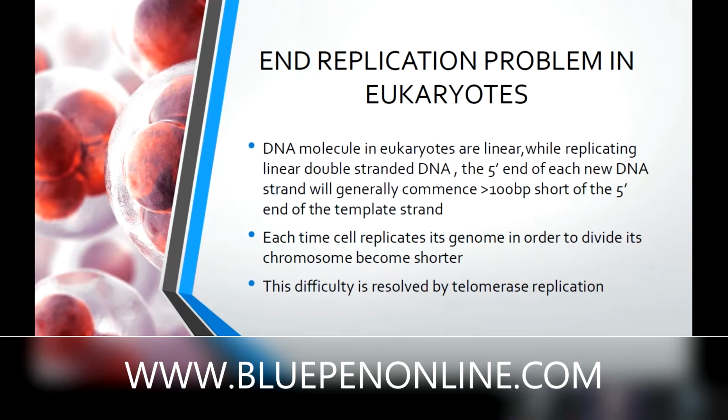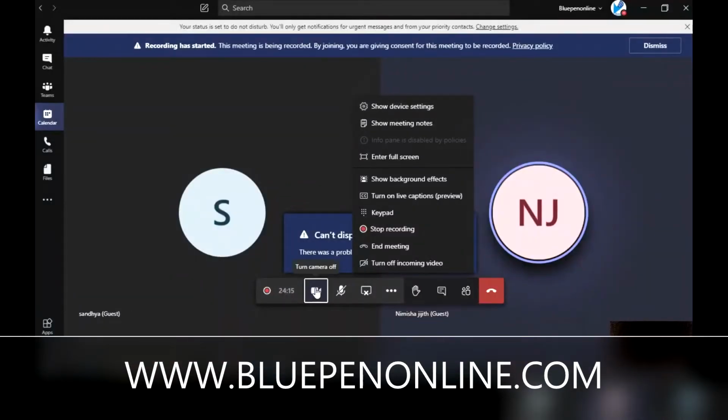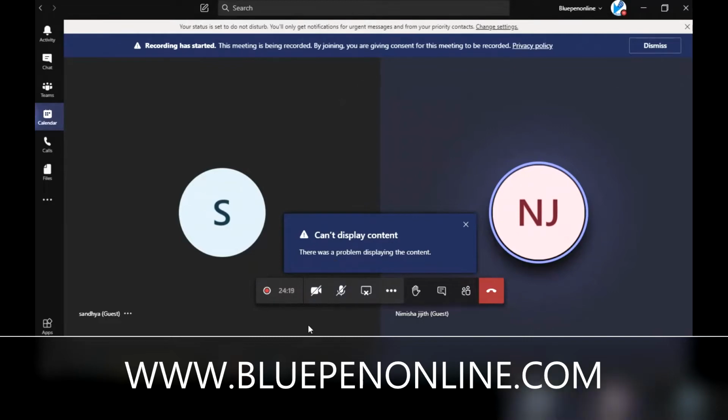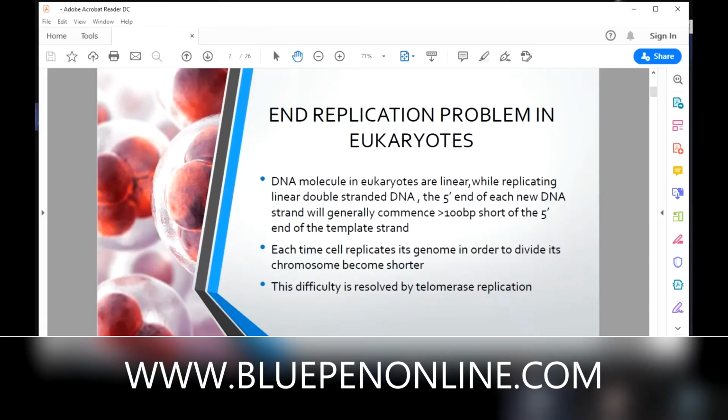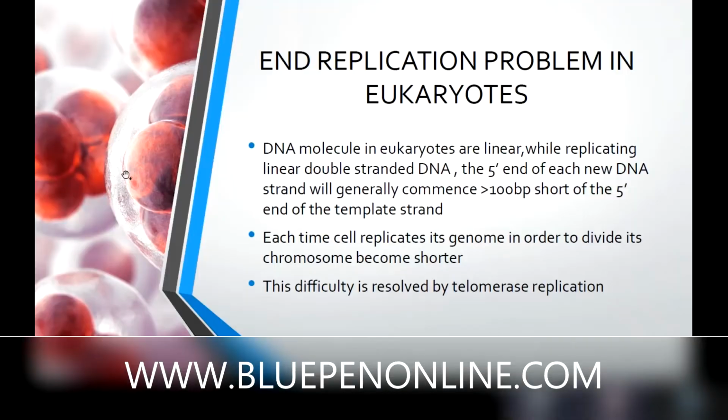While replicating linear double-stranded DNA, the 5' end of each new DNA strand will generally commence greater than 100 base pairs short of the 5' end of the template strand.